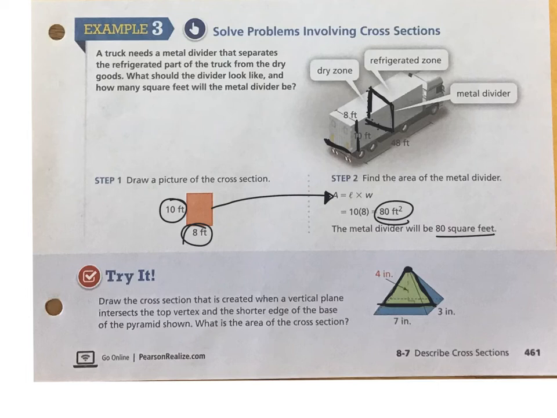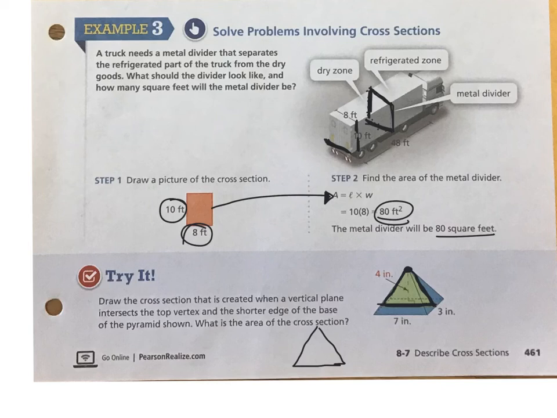So let's take a look. In the picture, we see that we are drawing a triangle. Let me start that triangle over. Next, we need to look for the dimensions.